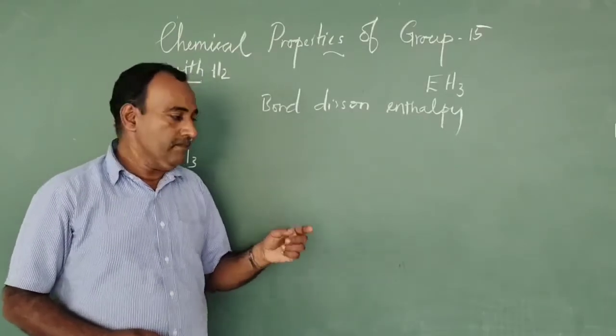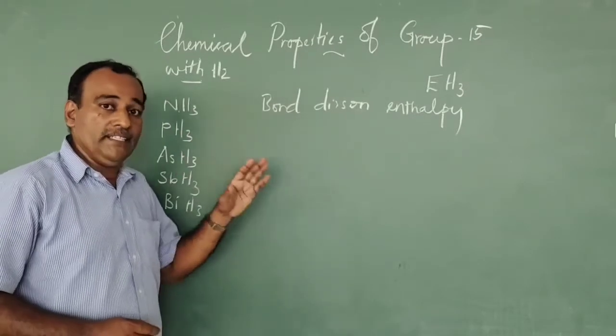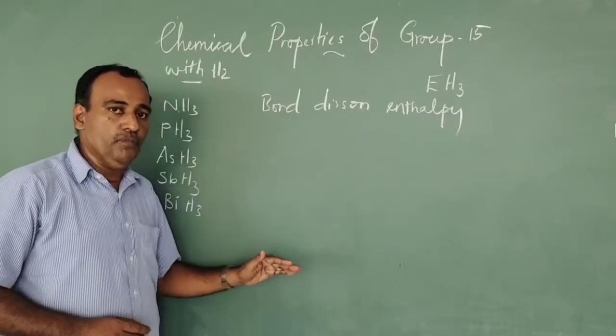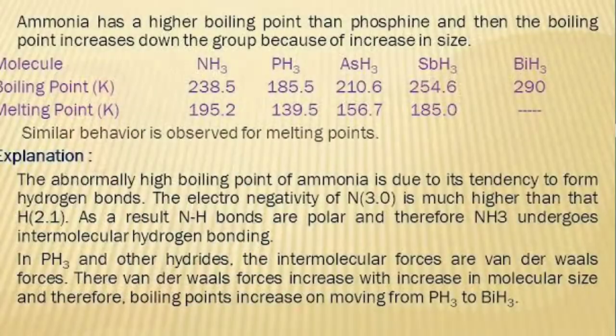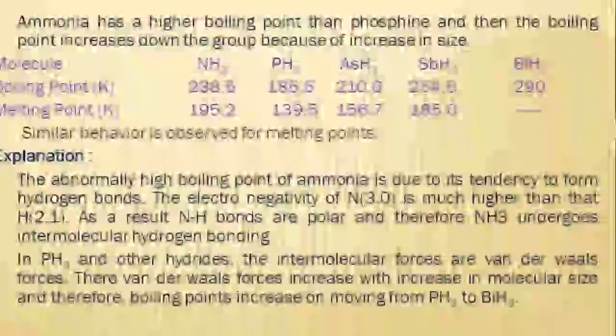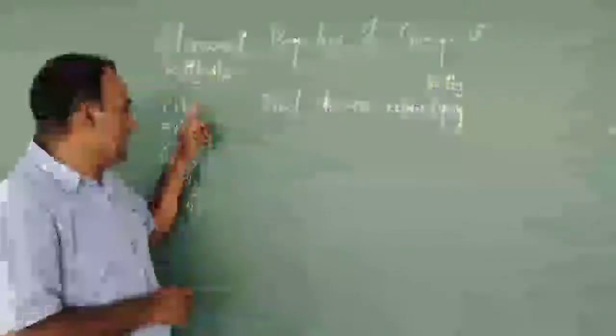The next thing is the boiling point and melting point, which decrease when we move from top to bottom. But in the case of ammonia and phosphine, PH3 possesses a lower melting point and boiling point than ammonia.